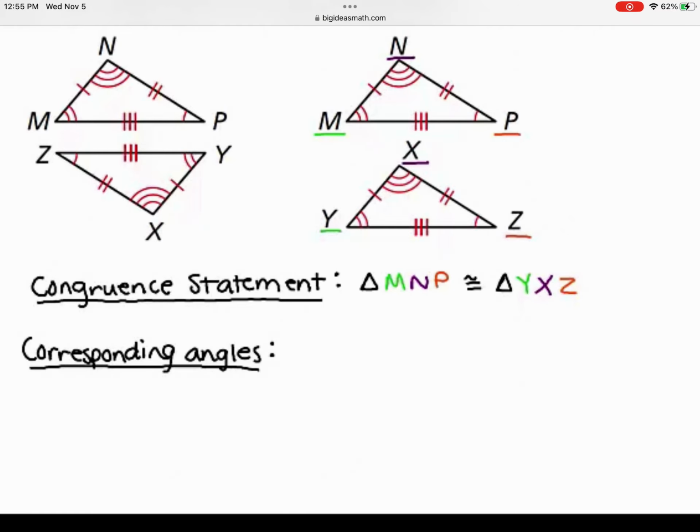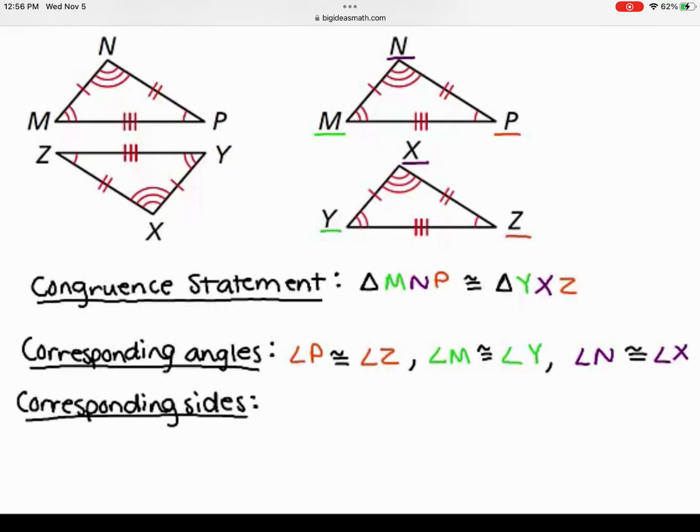From the pair of single arcs on the diagram, you can see that angle P corresponds and is congruent to angle Z. Also, from the pair of double arcs on the diagram, you can see that angle M corresponds and is congruent to angle Y. Finally, from the pair of triple arcs on the diagram, you can see that angle N corresponds and is congruent to angle X. Next, you need to list all pairs of corresponding sides.